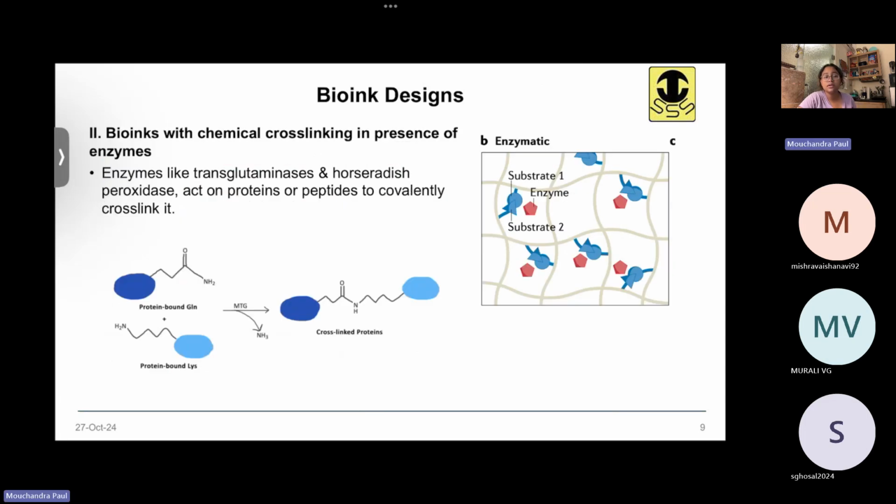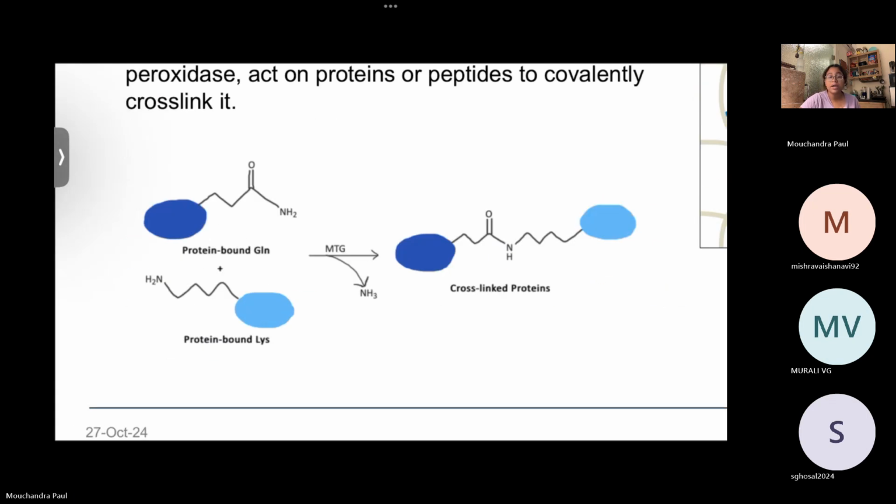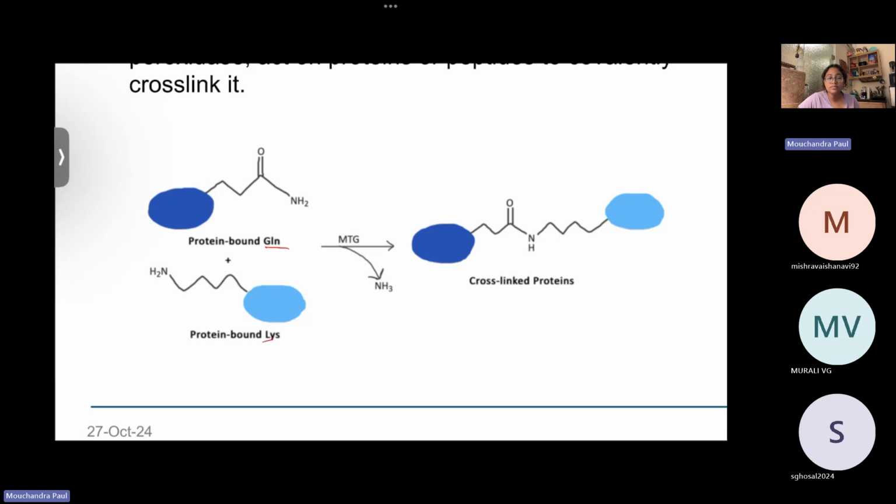Now, the second type of bioinks that are used, these bioinks can be chemically cross-linked, but in presence of enzymes. In the first examples, we saw that it can be chemically cross-linked in presence of light, right? Here, in presence of enzymes, you can chemically cross-link. So the backbone of the polymers is modified with some amino acids like glutamine or lysine.